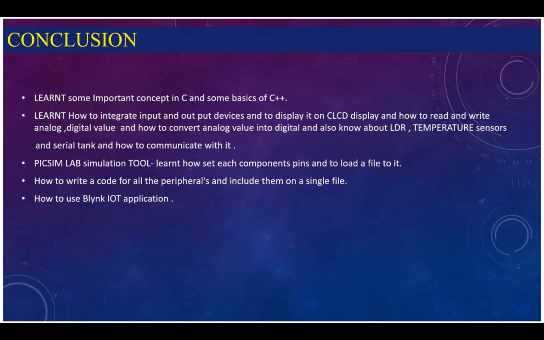In this project, we have learned some of the basic concepts which were really helpful for doing this project, and we have learned how to integrate devices as input and output, how to program it, how to display, how to take the input, how to convert into voltage, how to convert into digital value, and we have seen the Proteus Lab simulation tool, which is a very helpful tool in order to configure the devices and where we can see the output virtually.